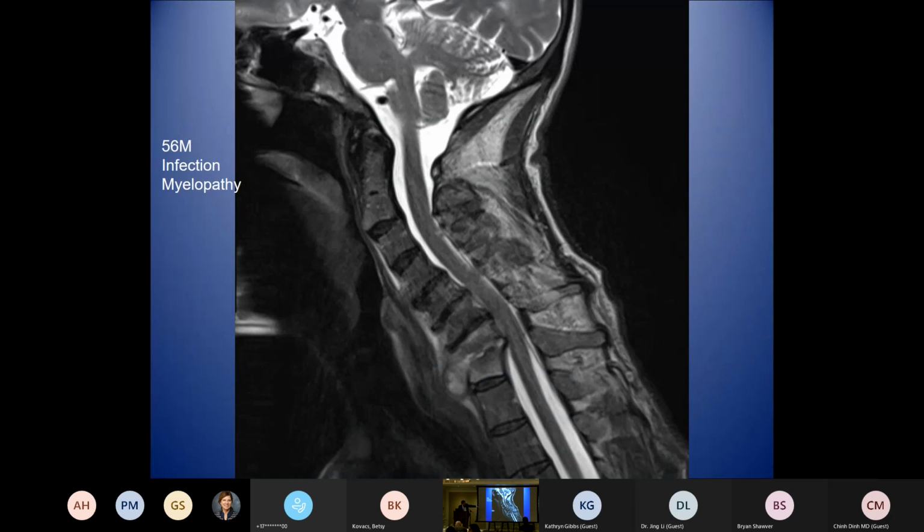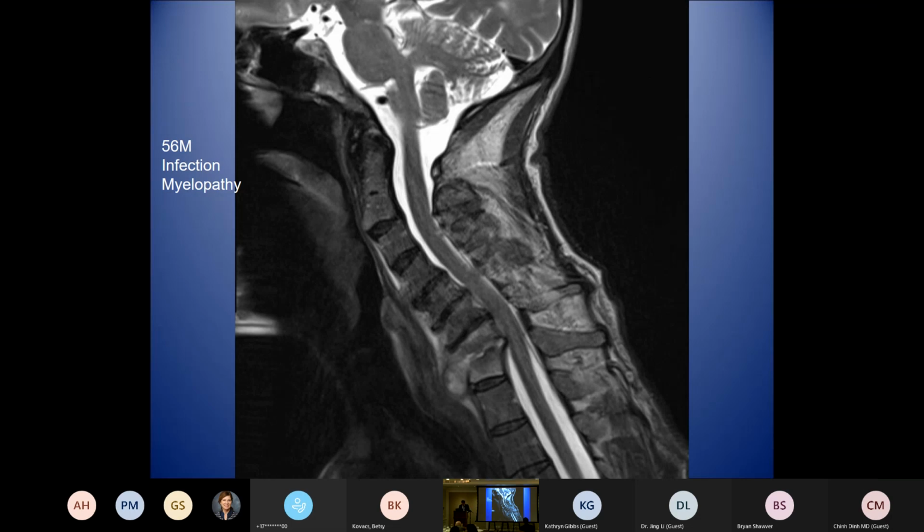There's an abscess forming in the front of the spine. As a result of that infection, he has significant bony destructive changes in the lower cervical spine and a kyphotic deformity that's formed. Because of that, he's now getting spinal cord compression, and the spinal cord is draped over that kyphotic deformity in his neck, which makes the spinal cord unhappy. Spinal cord does not like to be draped over a kyphotic deformity, right?